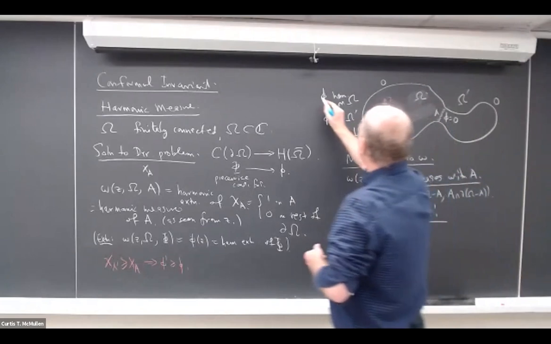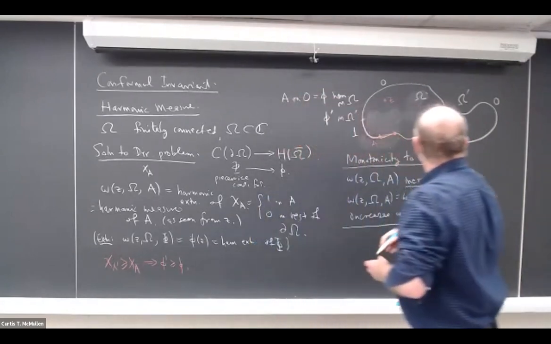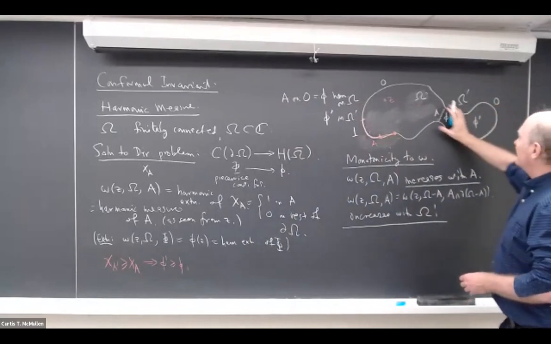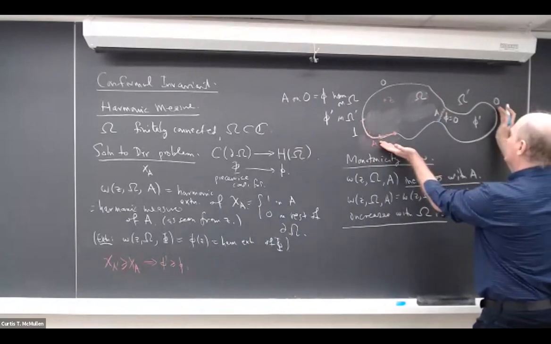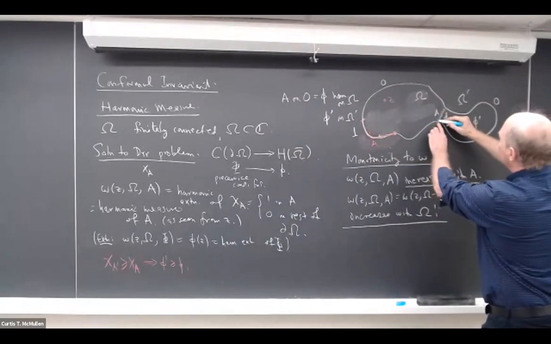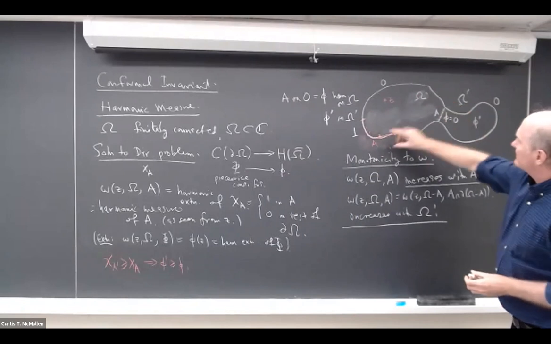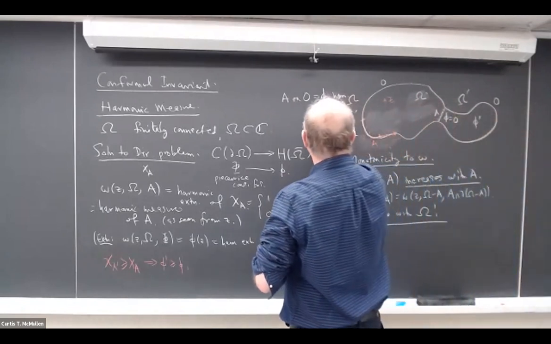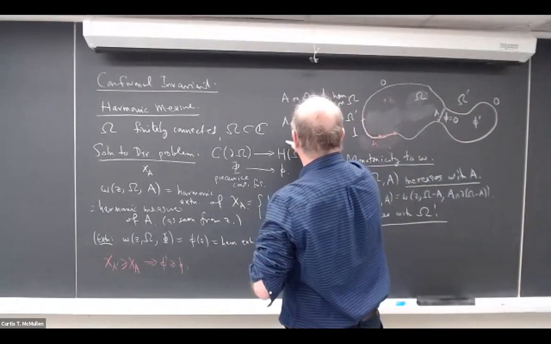Now phi is equal to 0 on A. But what about phi prime? Well, phi prime is harmonic in this whole region. So it's between 0 and 1 within this whole region, but typically it will be bigger than 0 along this arc A. It will already be starting to feel some of the influence of that A. So phi prime is greater than or equal to 0 on A. Sorry, I'm writing this in backward English.